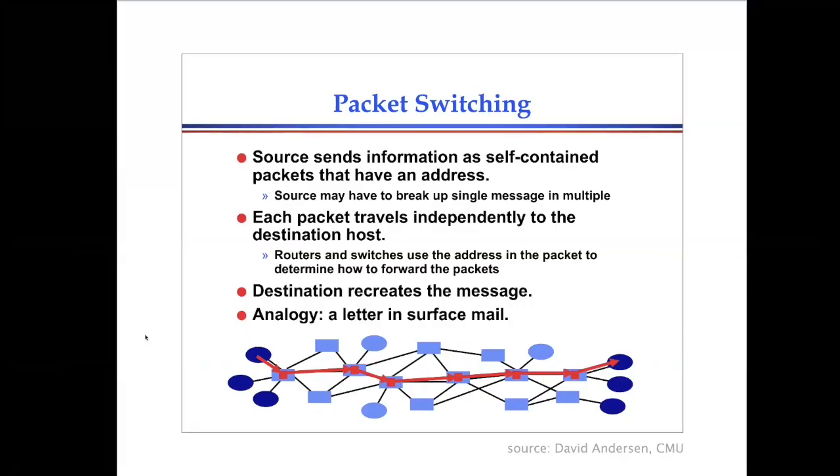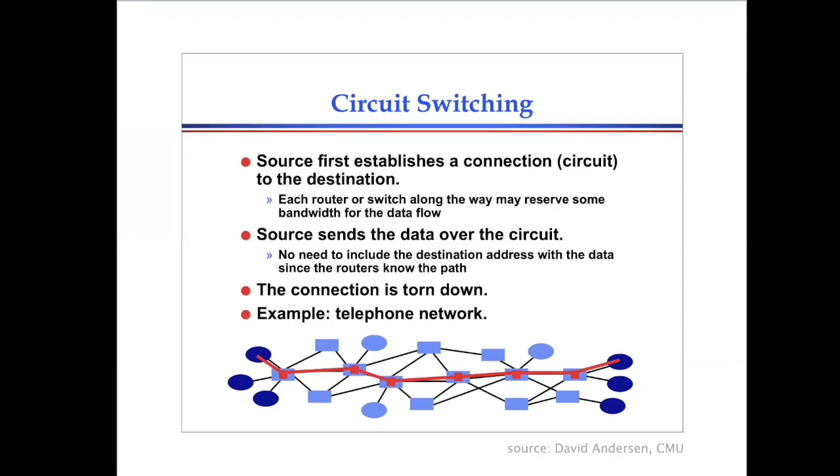That's packet switching. Circuit switching is also something we saw together, and it's a little bit different. In circuit switching, the source will first establish a connection through the entire network to the destination. There will be a signaling protocol used to establish this connection, and then all the routers or switches in between are involved. In this lecture, by the way, router and switch will be merged, because as I hope you realize now, in P4 you can implement a router, a layer 2 switch, a layer 3 router, a layer 4 load balancer, all together in the same device.